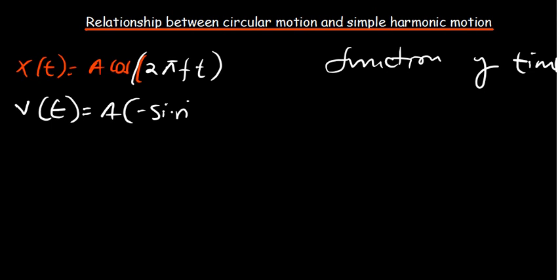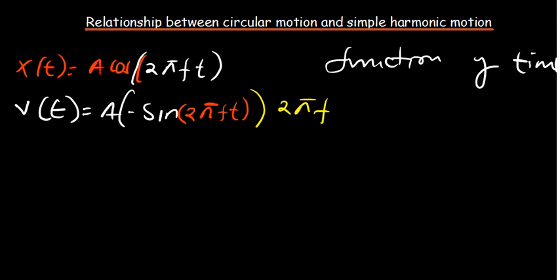So I'm going to have negative sign, open brackets, I keep what is inside constant, times the derivative of what is inside. The derivative of that, we are going to get 2 pi f. That's what we're going to get.